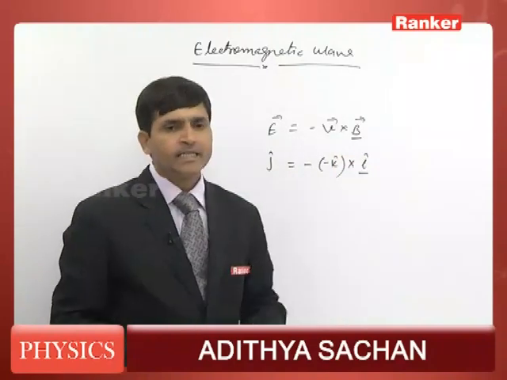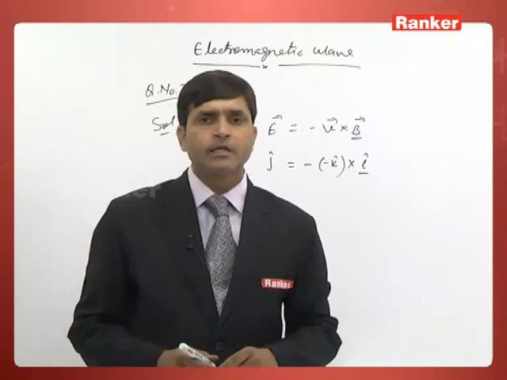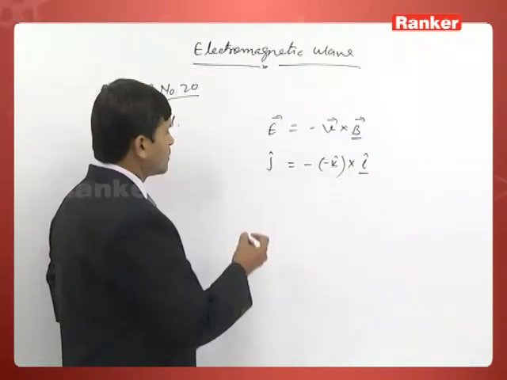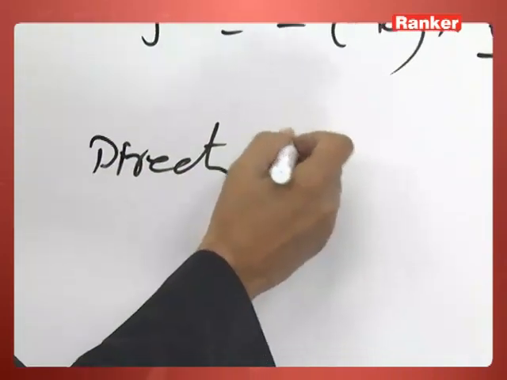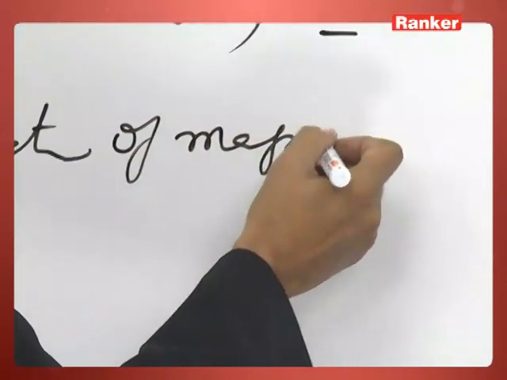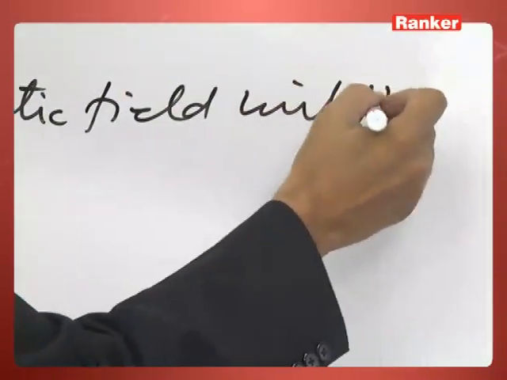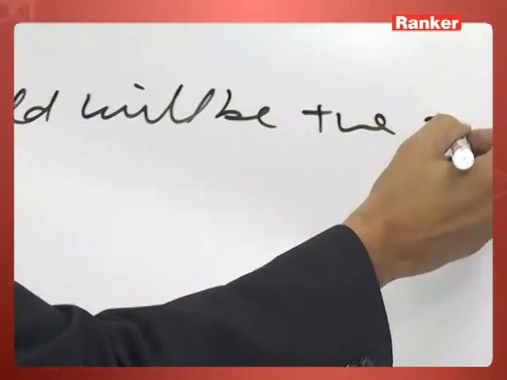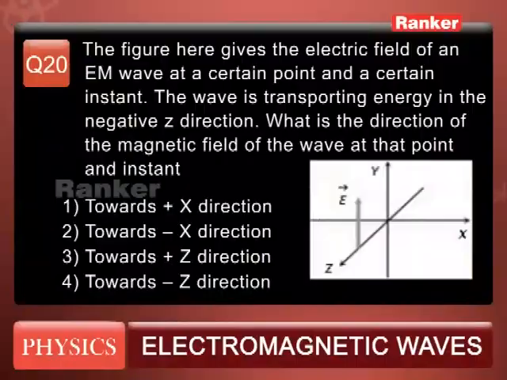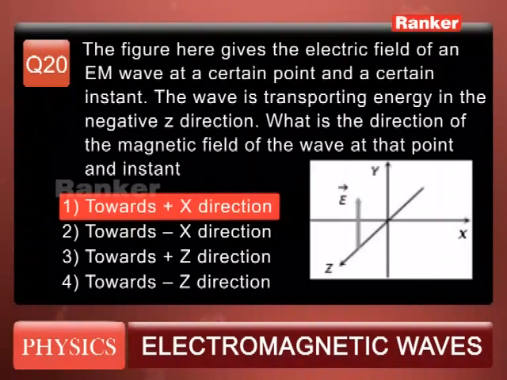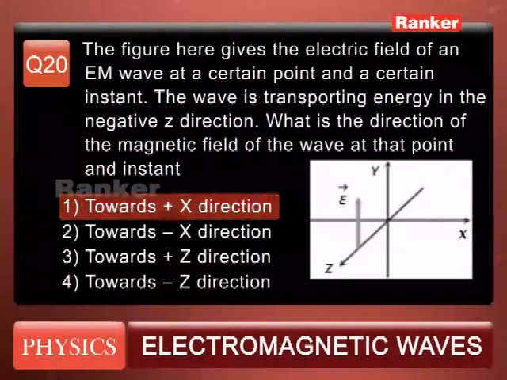It means the direction of the magnetic field is the positive x direction. So our correct option, option number first, is the correct answer. So this is question number 20.